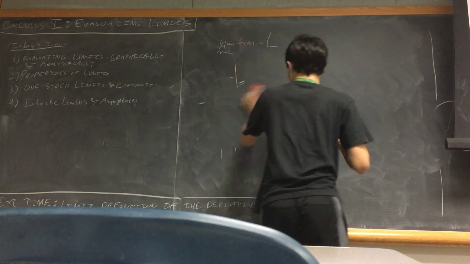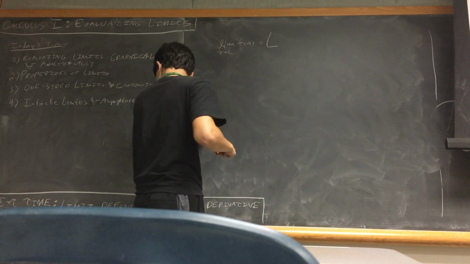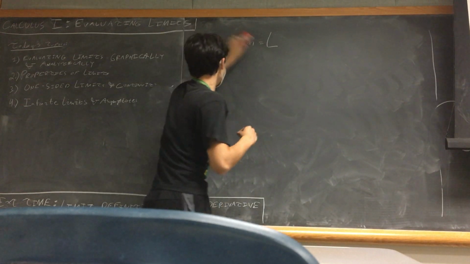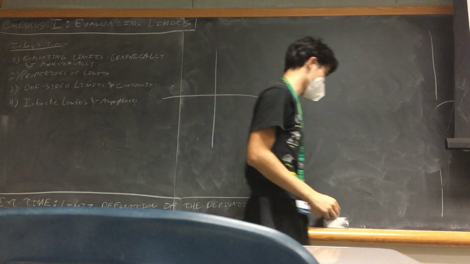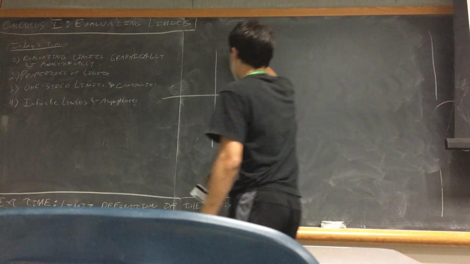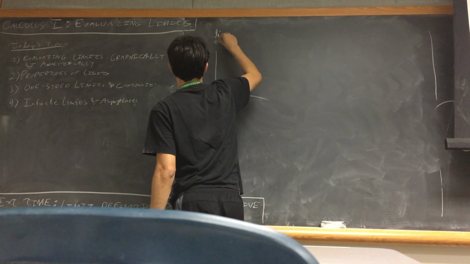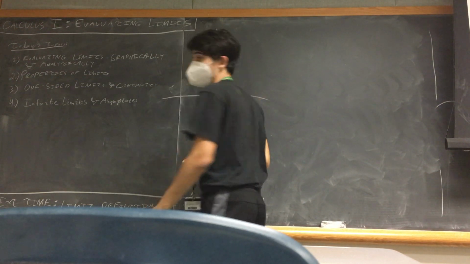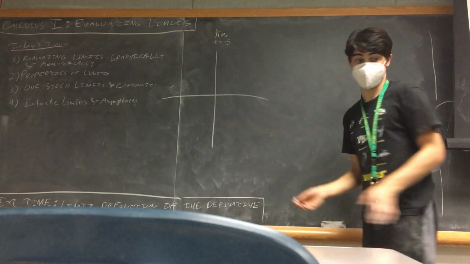So, let me just redraw my little coordinate system here, graph. And let's work out another example. Try to find the limit as x approaches -5. And this one's a little more complicated. Pause the video, try it out for yourself.